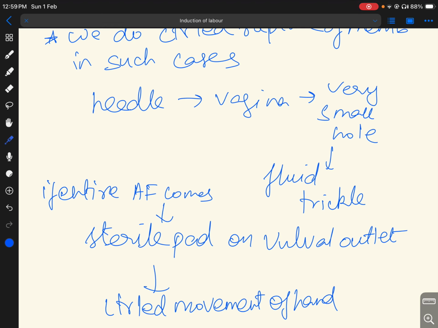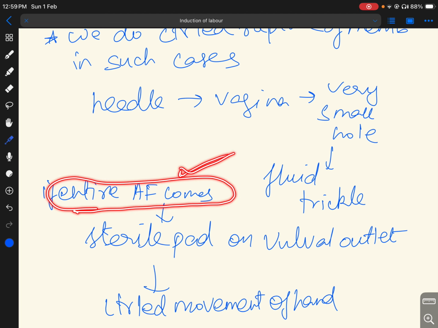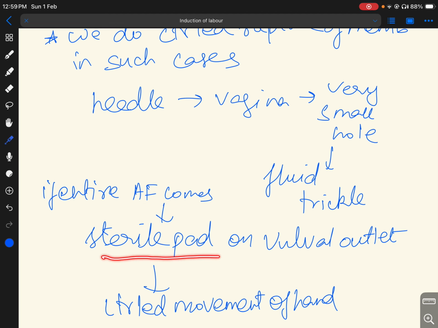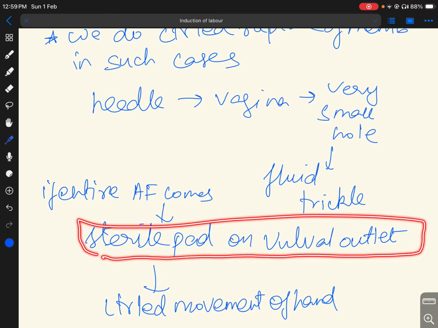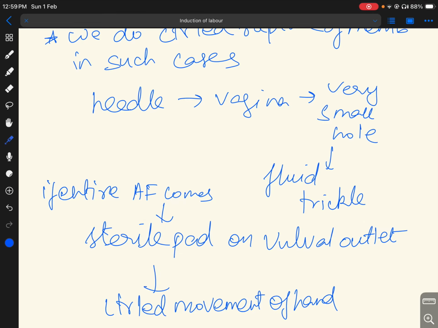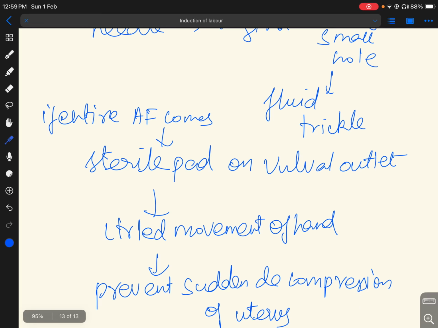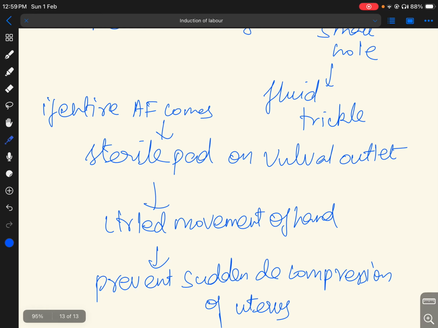So there may be a chance that entire amniotic fluid might be coming out. So in such cases you have to introduce a sterile pad on the vulval outlet to control the outflow of the amniotic fluid by using controlled movement of hand, which will be preventing sudden decompression of the uterus. So that will be preventing abruptio placenta.